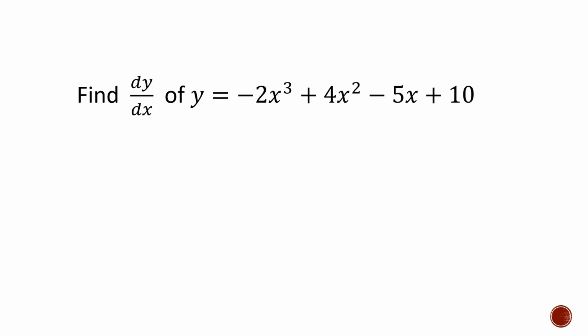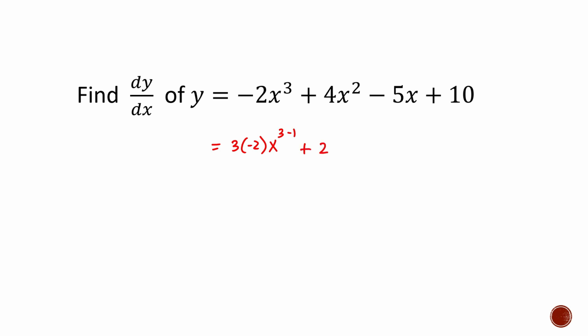So here we need to find the derivative of the given polynomial. We learned that in our previous lesson. Here what we will do is multiply that exponent 3 to the numerical coefficient of this term, and then subtract 1 from that exponent.